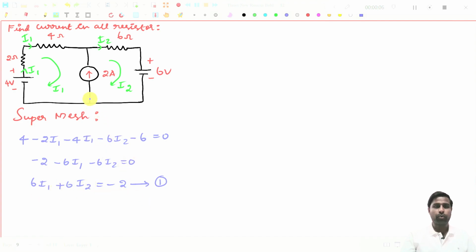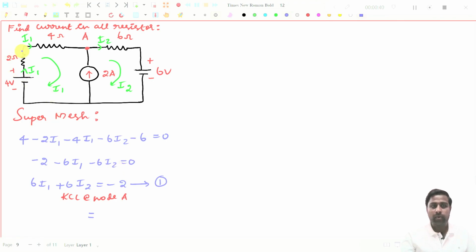Then what you do, you apply KCL at this point now. I am going to take this as node A, right? You see I1 is coming in this way, I2 is going away and 2 amperes is coming here. So I will write here KCL at node A. I have to put an equal to symbol.